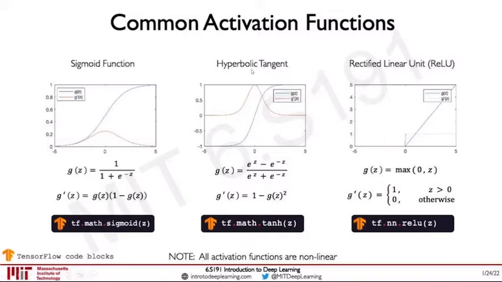If you want to have access to the hyperbolic tangent, this is the code using Python. And if you want to have access to the rectified linear unit, this is the code in Python. I also want to let everybody know that the three activation functions introduced here are non-linear. And don't forget that I said the activation function induces non-linearity into the deep network architecture.